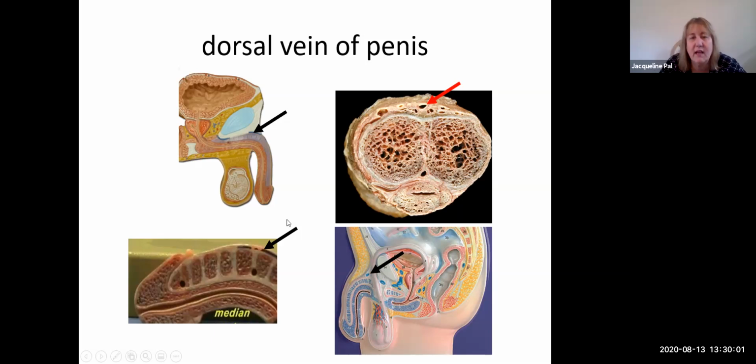And this is known as the dorsal vein of the penis, which seems kind of counterintuitive because if you look at this dorsal vein of the penis, it's going to go all the way down like this, and you're going, but that is facing the anterior direction. But it's not named for when the penis is flaccid, but when the penis is erect, then this is on the dorsal surface of the penis. So we're just going to leave it at that.